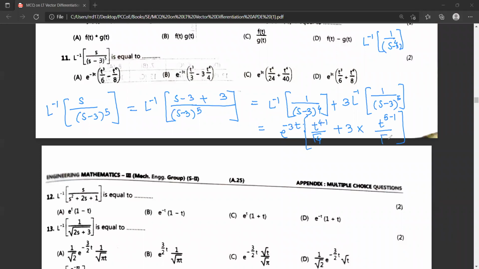So this answer is going to be e raised to 3t times t cubed by 3 factorial, plus 3t raised to 4 upon 4 factorial. So which answer is this one? Tell me quickly.